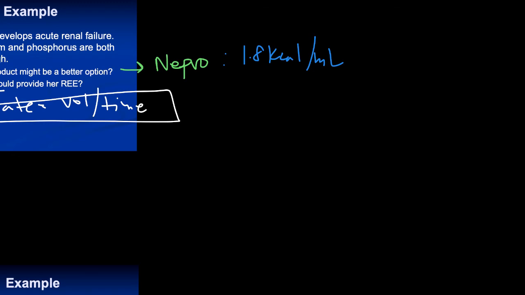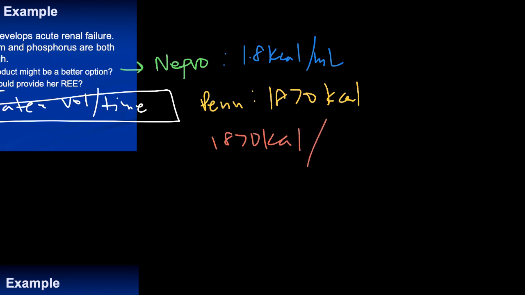Okay, so using the same Penn State equation, you know her resting energy expenditure was 1870 kcal. So you know what you gotta do. 1870 kcal, divided by 1.8 kcal per mL.